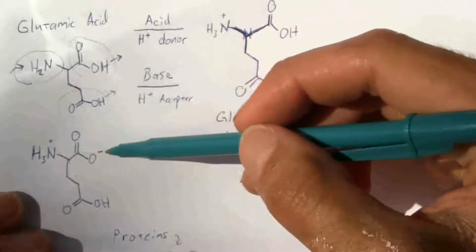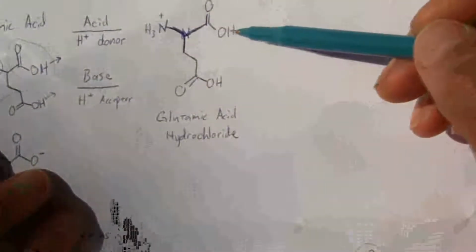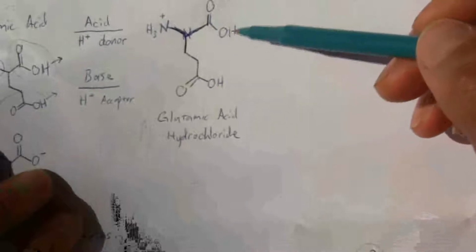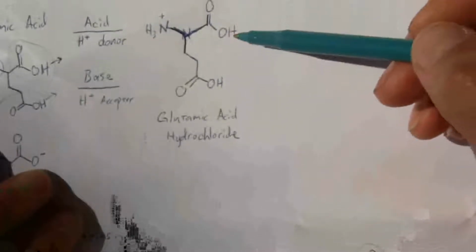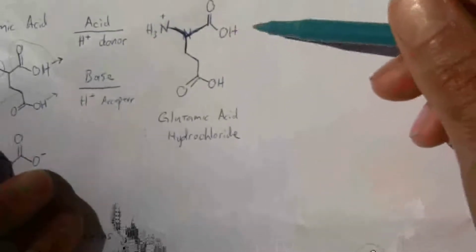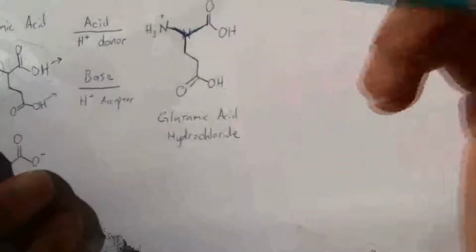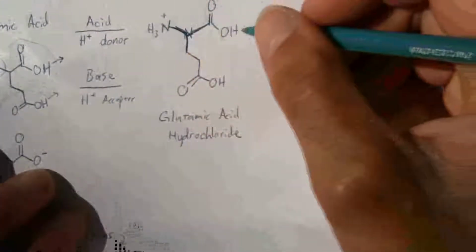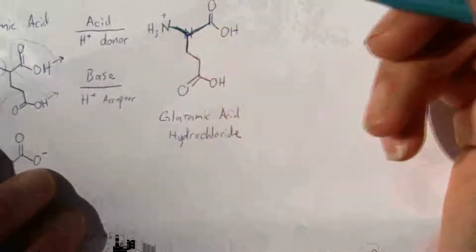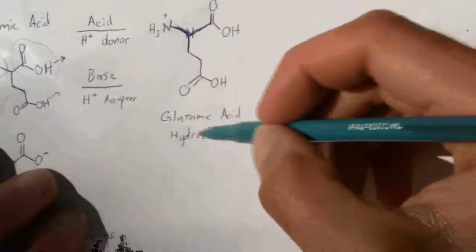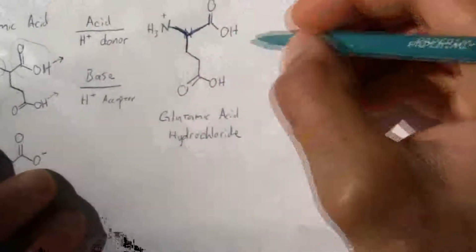Normally we have this positive and negative charge. Here we replaced that negative charge. We added on a hydrogen ion, which has its own positive, so it neutralized that negative. We have to have something else to counterbalance that positive charge, and typically that would be the chloride.